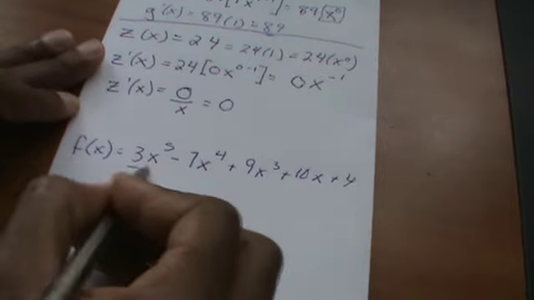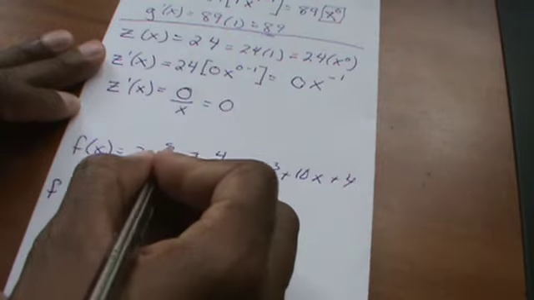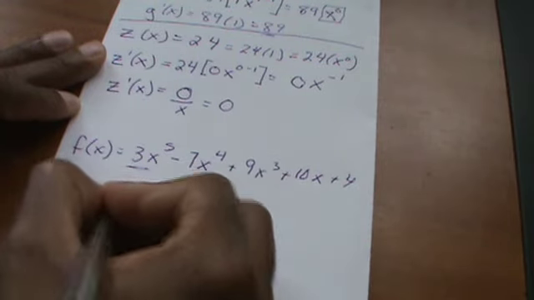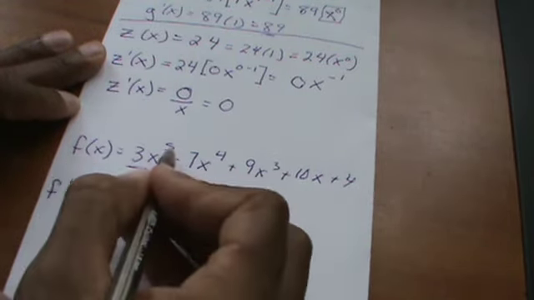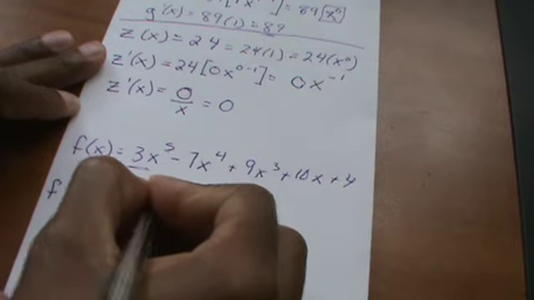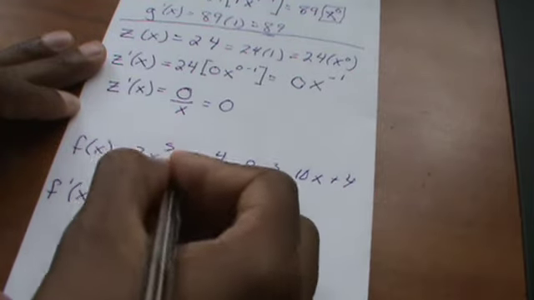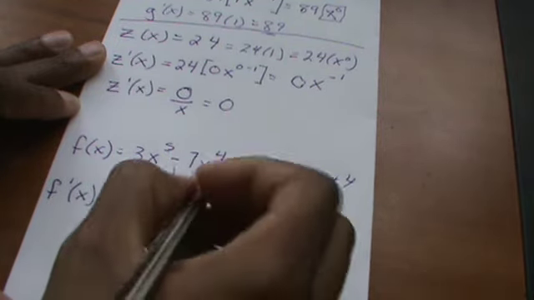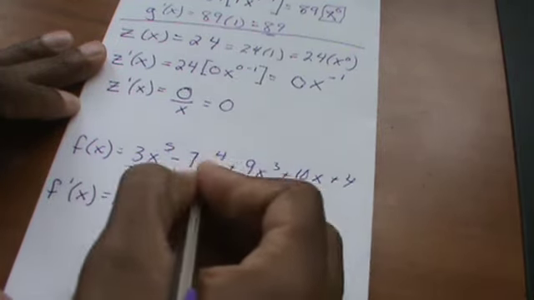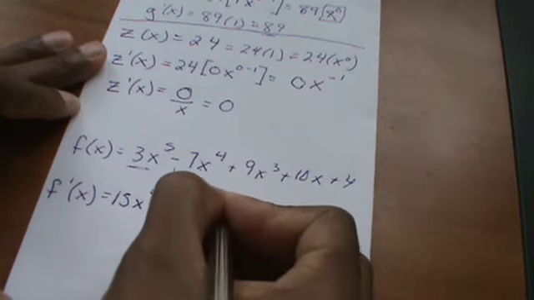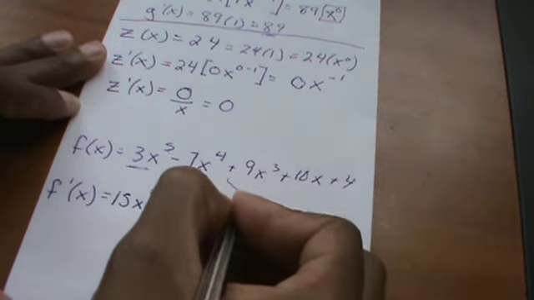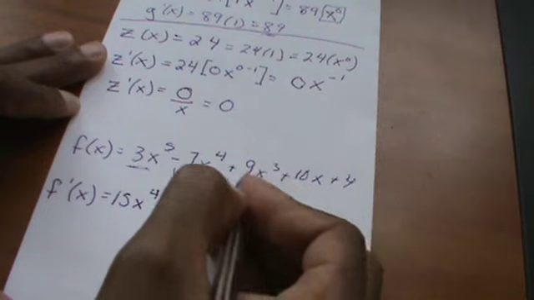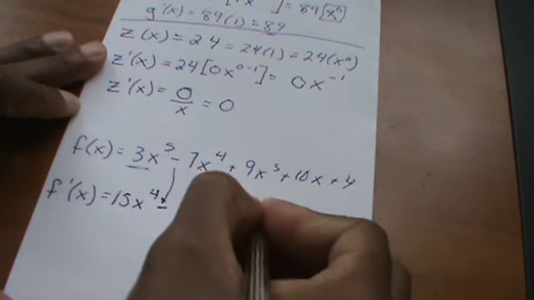So I'm going to take the derivative of this first one, which is the 5 is going to multiply by 3, give me 15. I'm going to subtract 1 from the 5 and get a 4. Minus, notice this is holding, the 4 is going to multiply by the 7 and give me 28. I'm going to subtract 1 from the 4 and get 3. Plus, the 3 multiplies by the 9 and gives us 27.